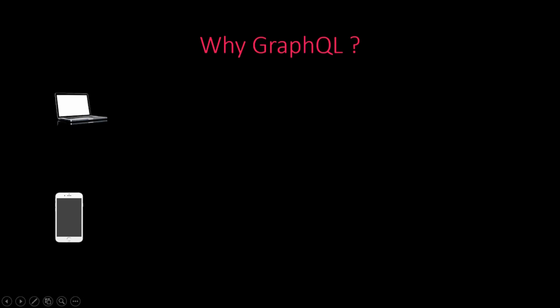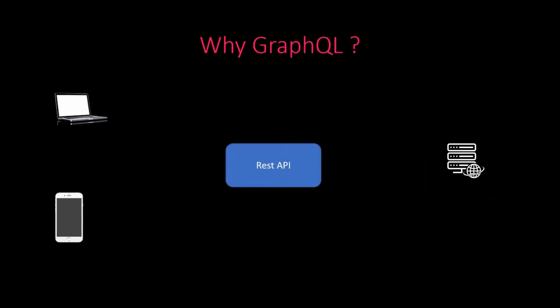So let's now consider an application that caters to multiple clients on their web applications or on their phone. We will have a backend or a server where we host our application, our databases and everything. So now we have a server ready. How do these clients interact with the server? That is via the REST APIs.